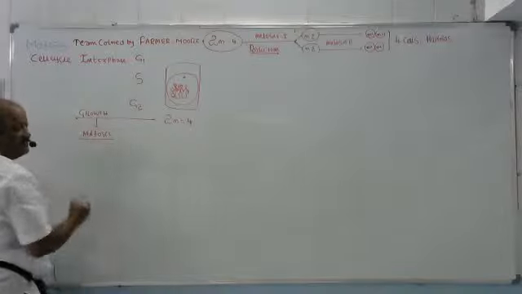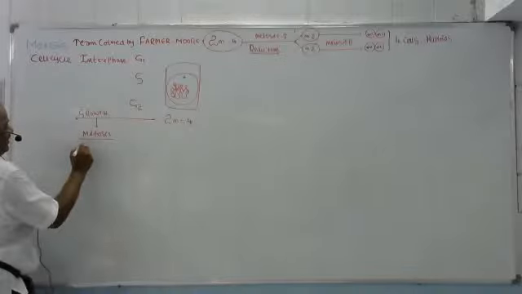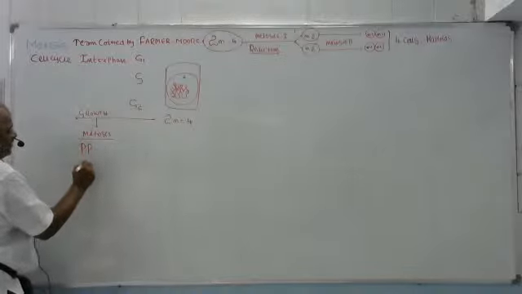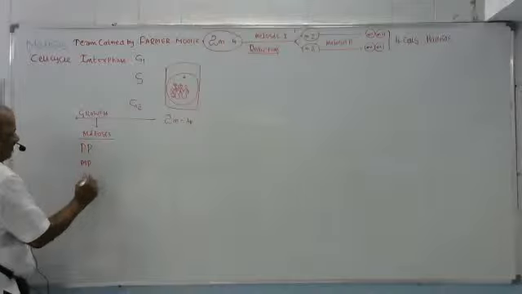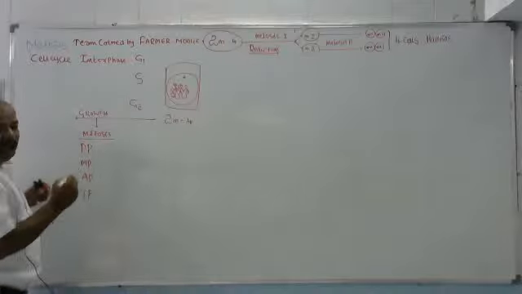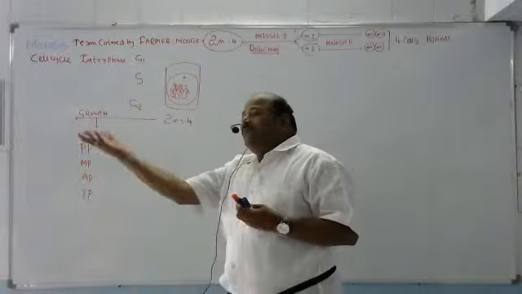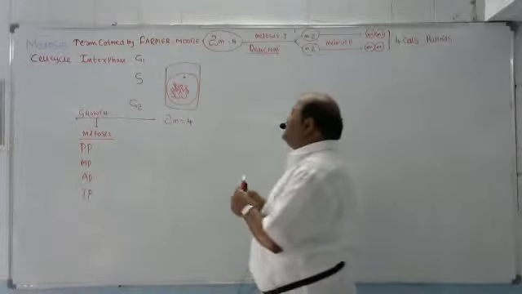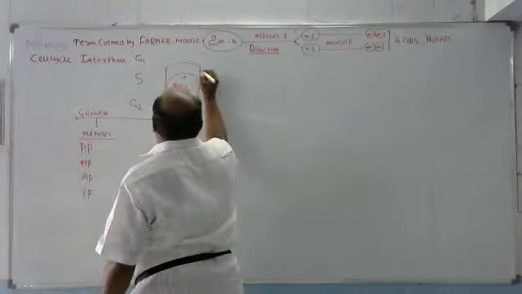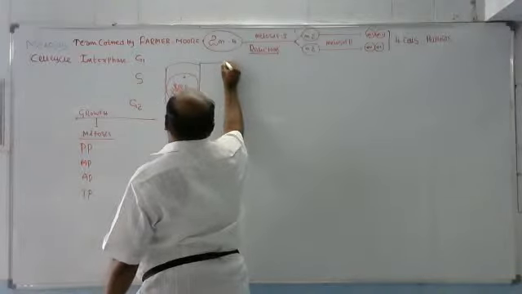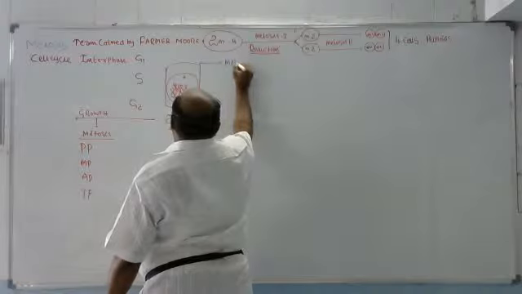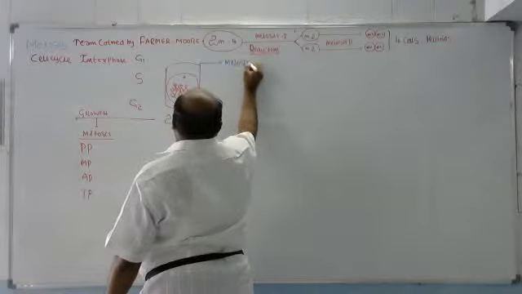Mitosis process. In mitosis, we discussed prophase, metaphase, anaphase, and telophase. Of course, that cell is not involved in growth. It is responsible to maintain the chromosomal number constant.